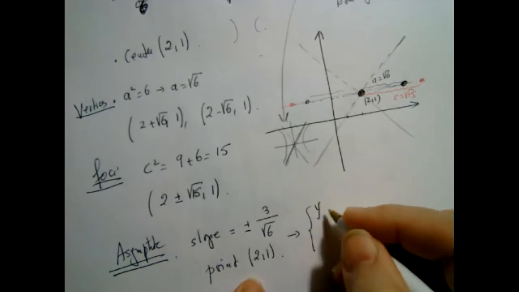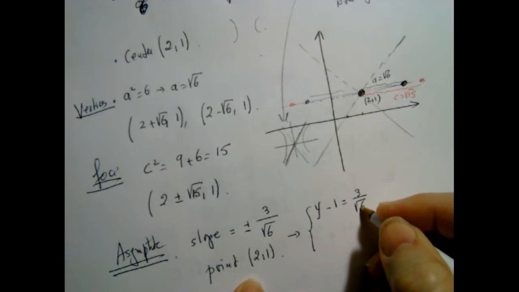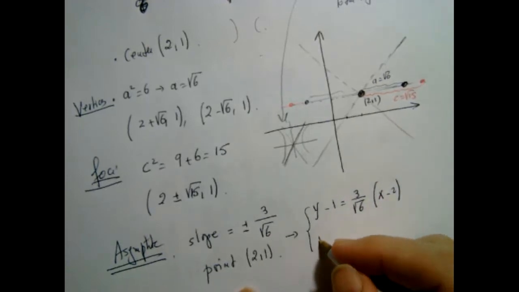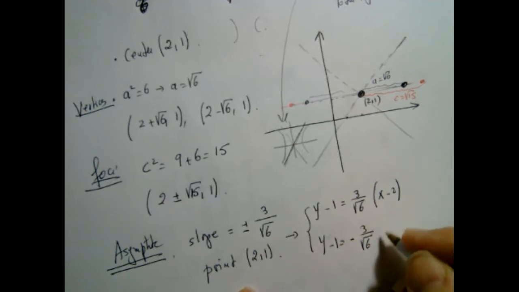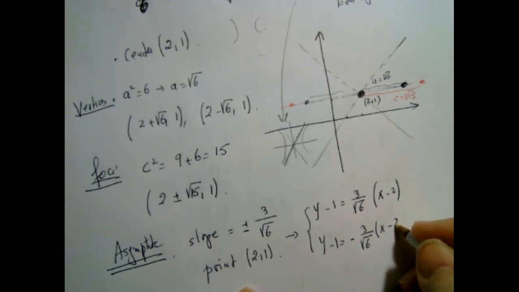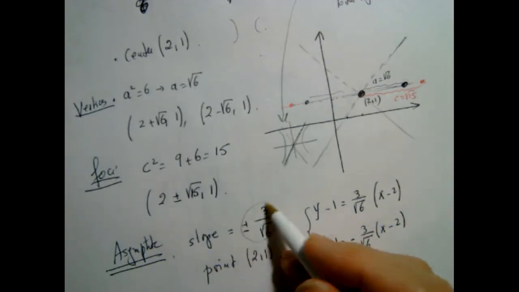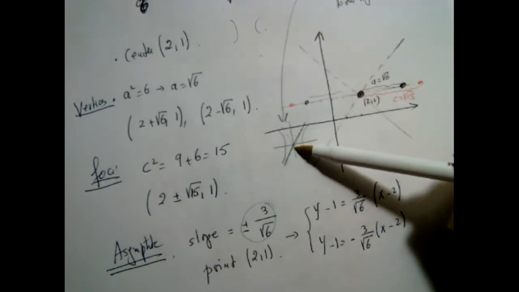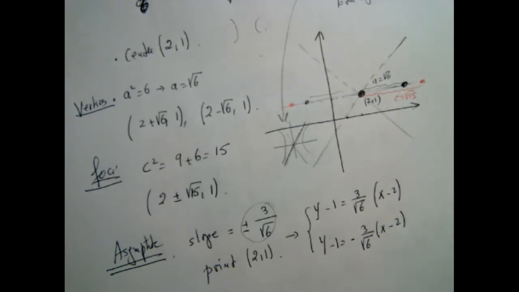The first one is y minus 1 equals the positive slope times x minus 2. And the second is y minus 1 equals the negative slope times x minus 2. Okay, so the only thing we have to be careful with is this asymptote. The slope is the same, plus or minus b over a, but the point is changing. It's not going through the origin anymore. It's going through the point 2, 1. And that's how we get the asymptote.